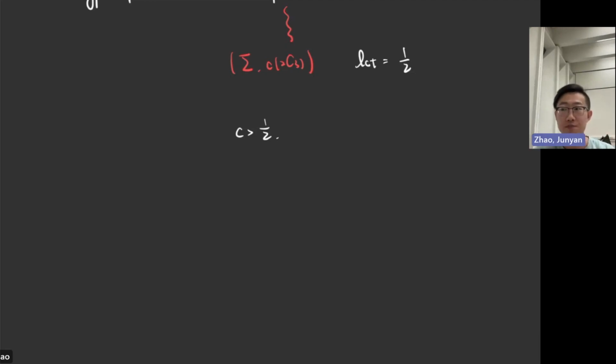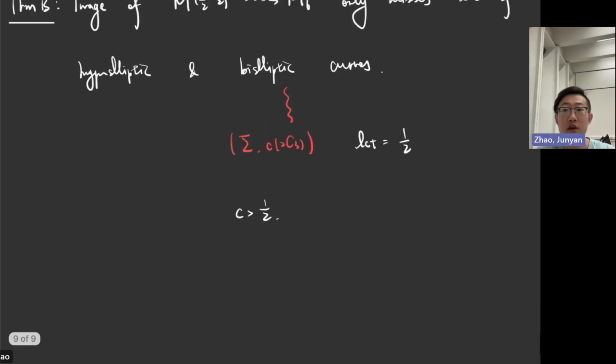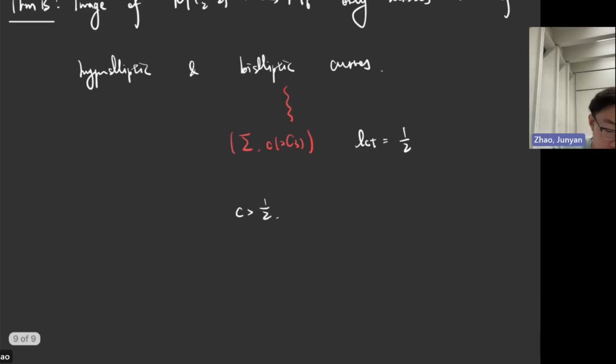That will recover all the bielliptic curves. So long story short, this bielliptic curve will be in the KSBA moduli space instead of the K-moduli spaces, as well as the hyperelliptic curves. So these two will be in the KSBA moduli spaces.